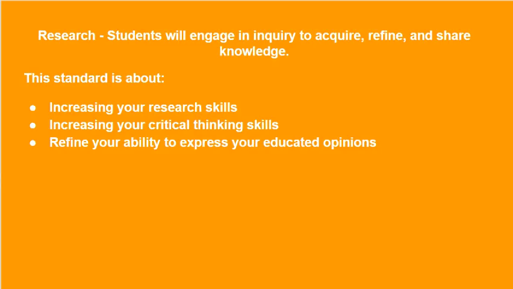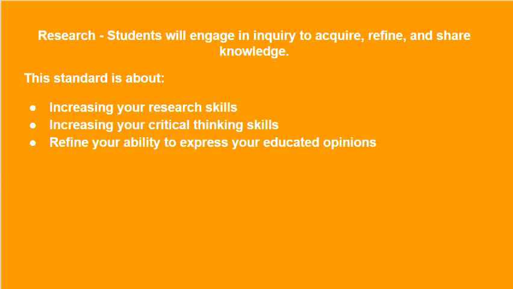So in the research category, they will be writing papers or assignments that you give to them, and they're going to need to research topics. This standard is about increasing their researching skills, increasing their critical thinking skills, and refining their ability to express their educated opinions. The only way for a student to do this is to be given topics that they need to research.